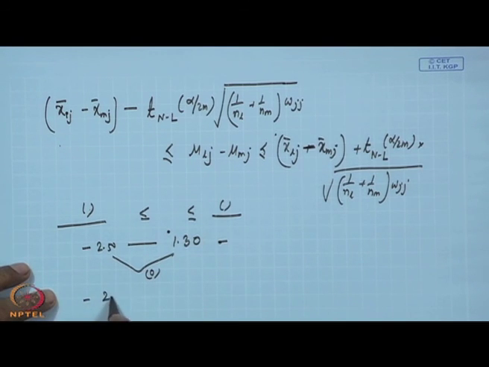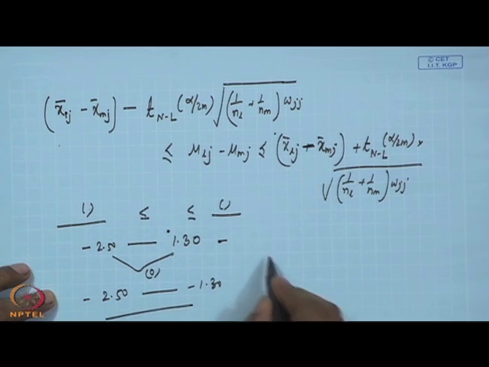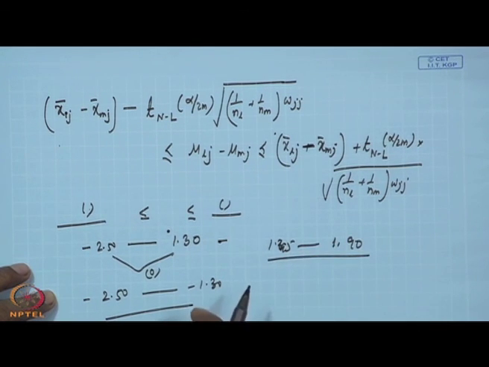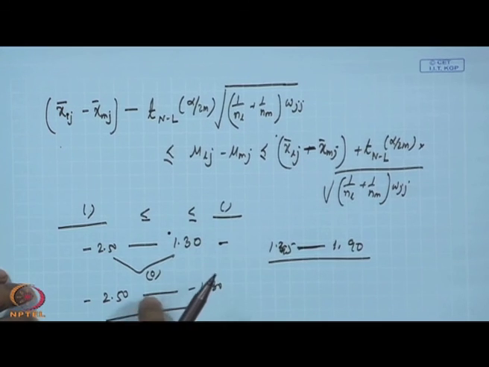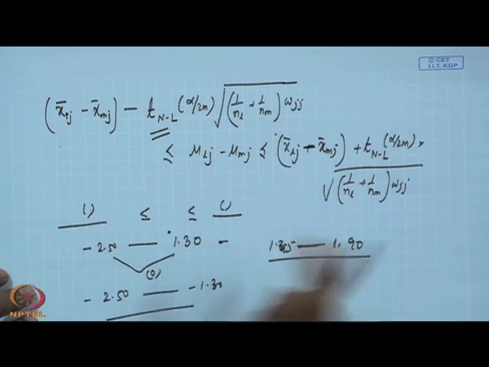Suppose some value is like 1.30 to 2.50, yes, this is a differentiating variable, or 1.45 to 1.90, that is also different. So, 0 is not there, meaning the null hypothesis is not satisfied with this interval, because we have created the T distribution, and the mean value 0 will be in between.